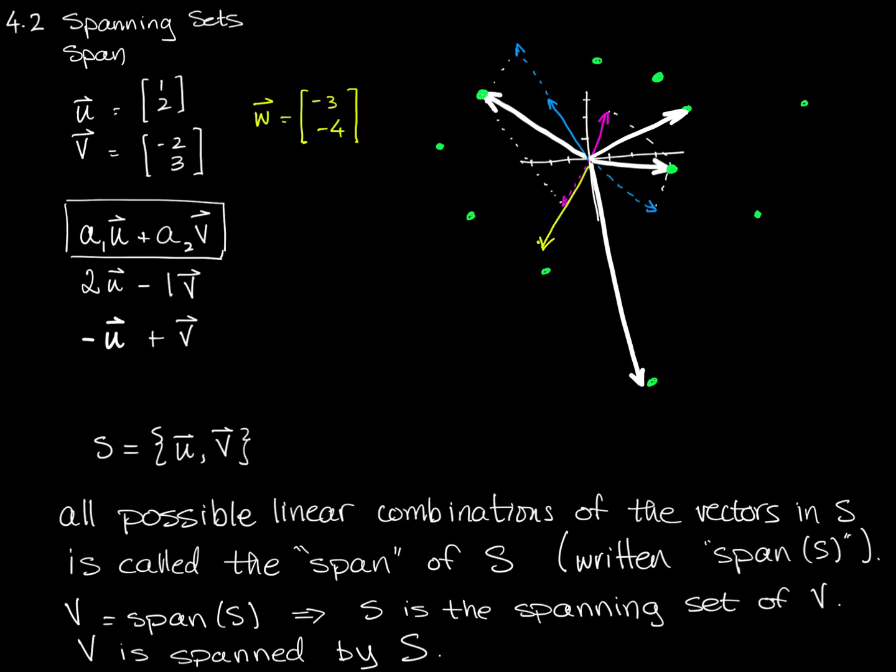The thing is, I can talk about the linear combination of u, v, and w, or all the possible linear combinations, but u and v are already enough to encompass the entire plane. So if I add w to that mix, I'm not gaining anything, right? The span of the set u, v, and w is still all of R2.